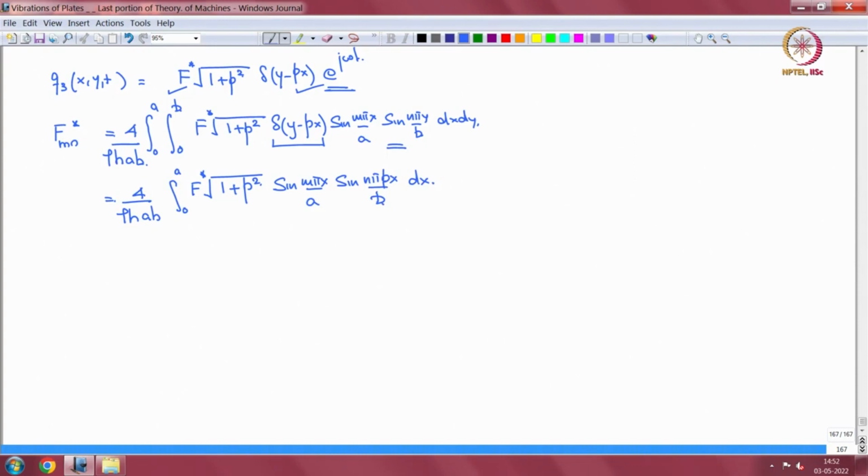These are constants, they come out. Then I can represent this as a sum of two cosines or difference of two cosines and I can proceed.